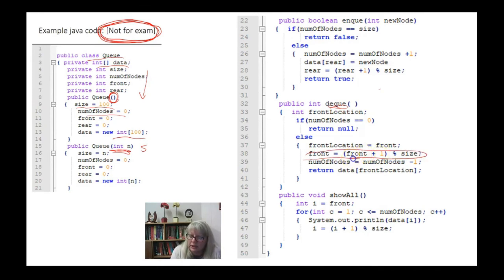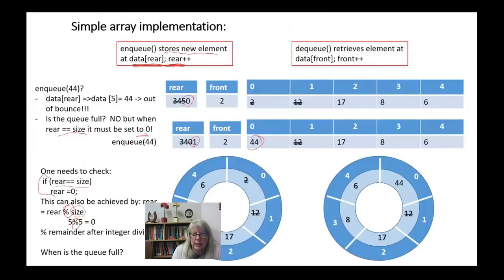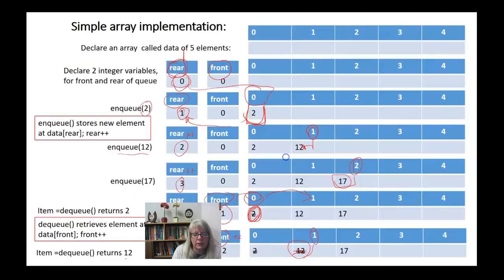So they first store front so that they can return the correct variables. Let's go back. Let's go here. Do it with DQ.